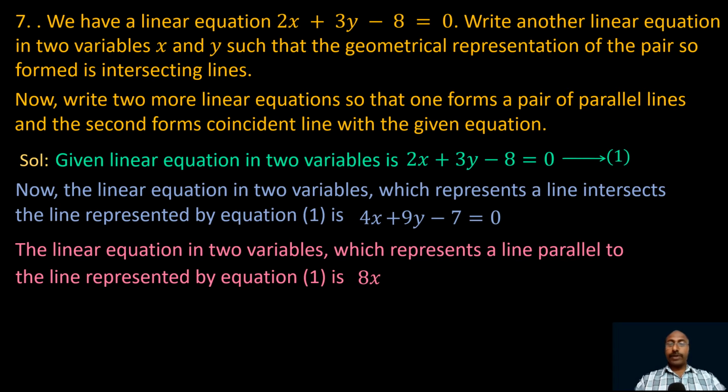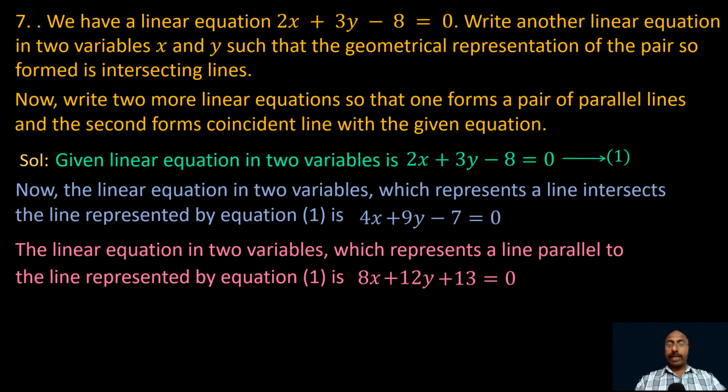So we have to take the coefficient of y as 12, plus 12y, and now we do not multiply the minus 8 with 4, because a1 by a2 is equal to b1 by b2 but not equal to c1 by c2. So except by multiplying by 4, we can take any value. So I am taking plus 13 equal to 0.